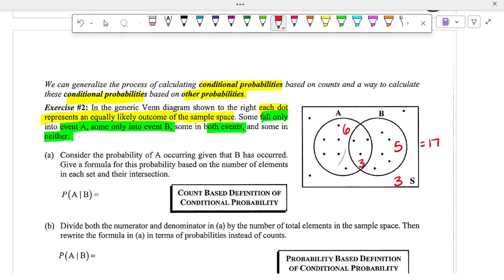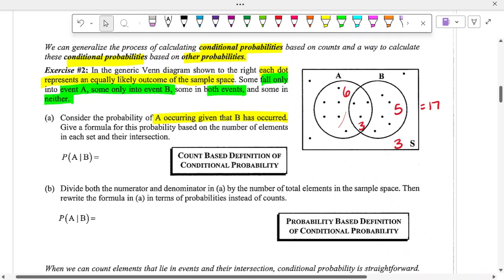So consider the probability of A occurring given that B has already occurred. They want us to give a formula for this probability based on the number of elements in each set and their intersection. What's the probability of set A given that B has already occurred?